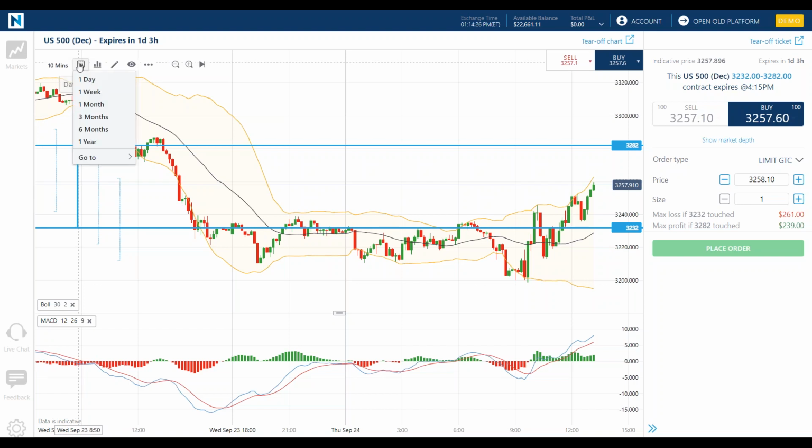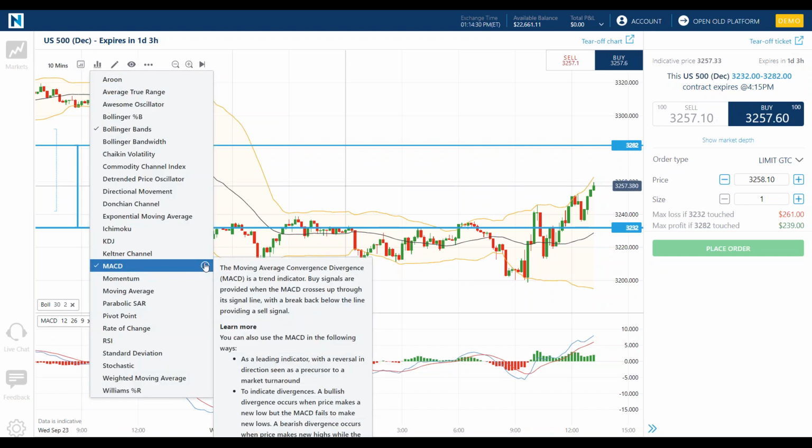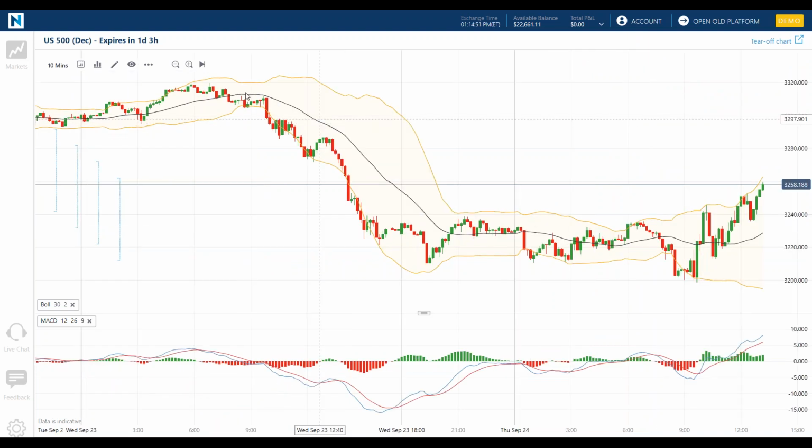Again, if you didn't know what MACD represents, they're trend indicators, and there's a signal line. When the moving averages cross through the signal line, it gives you some ideas on when you might see some pivots in the market. Again, I'm not making any buy or sell recommendations. I'm simply showing how to use the tools.